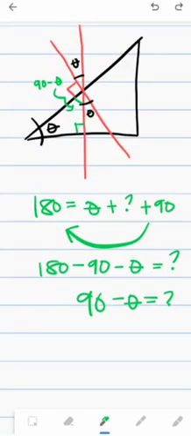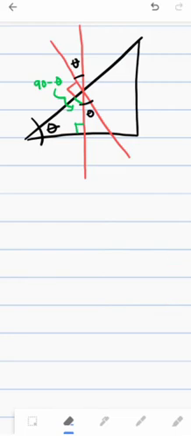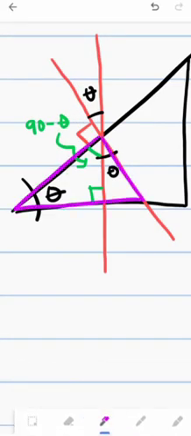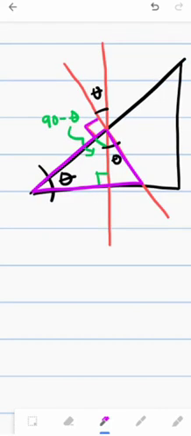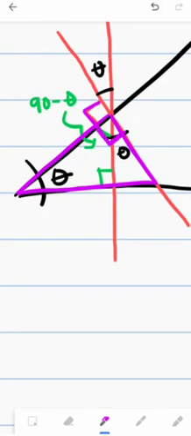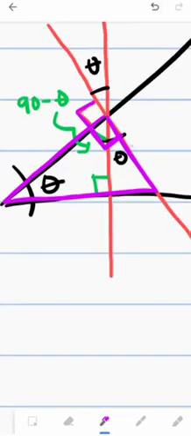Now, focus again on another right triangle formed due to this perpendicular line. So if this is 90 minus theta, and this whole triangle is 90, then this should be theta.